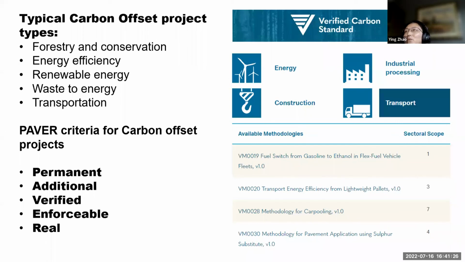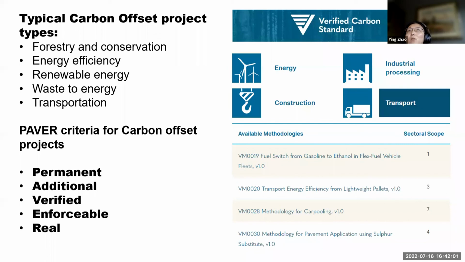Because there is such a variety, whether they work or not needs to be verified, and they need to be enforceable. Emission reductions must be backed by contracts or legal instruments that define their creation to ensure exclusive ownership. And they need to be real. The carbon offset must not be incomplete, artificial, or technically flawed.